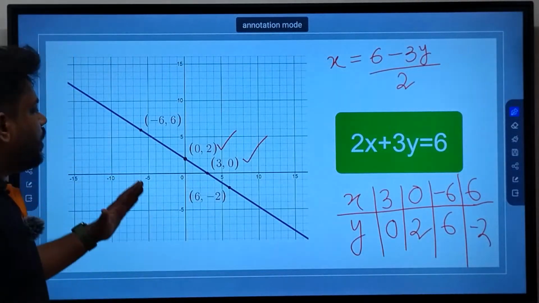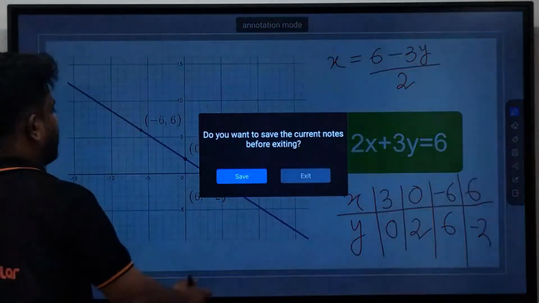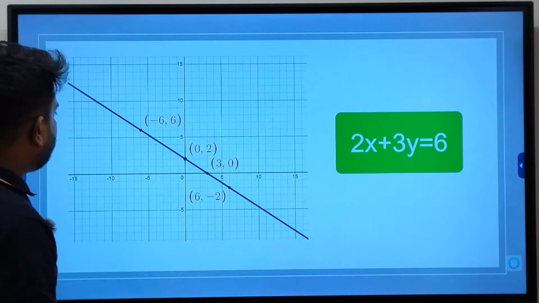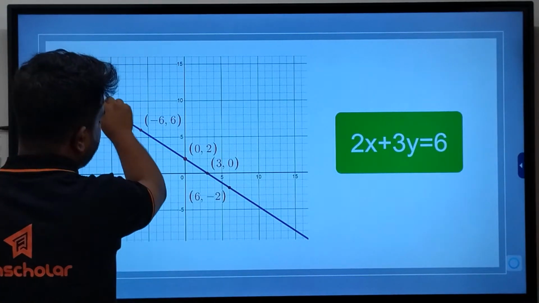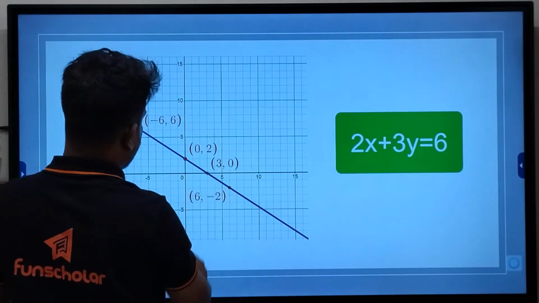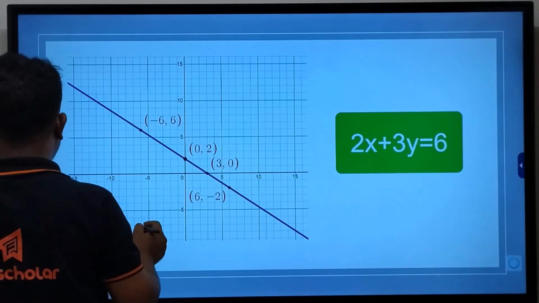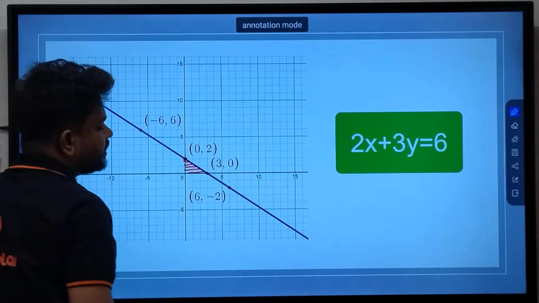So after getting all the points, we can plot it in the graph paper and get a straight line which will cross through the y axis, and it will make a little, tell me what this is?